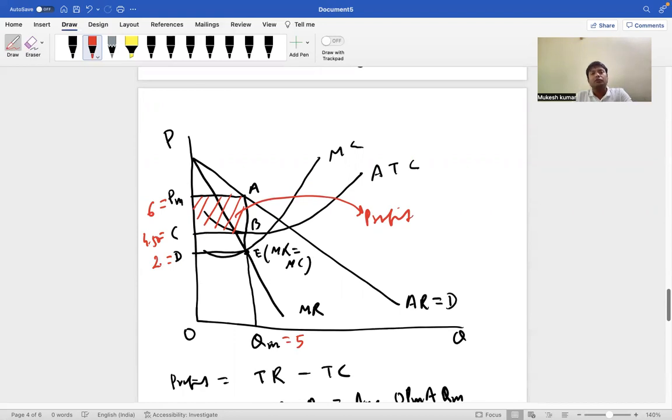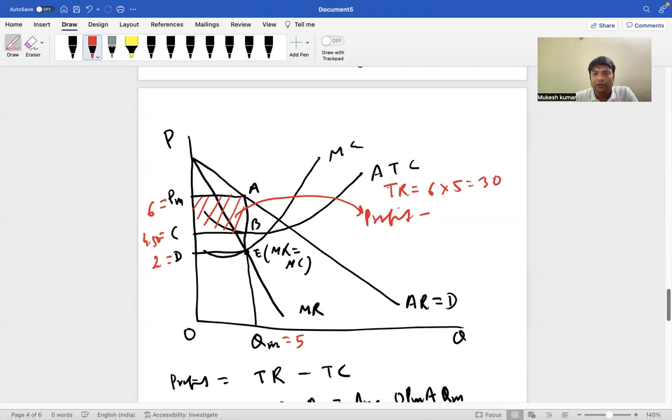So if we have to find the profit area, either way you can calculate this area, or the total revenue here is price into quantity. So 6 into 5 is 30.